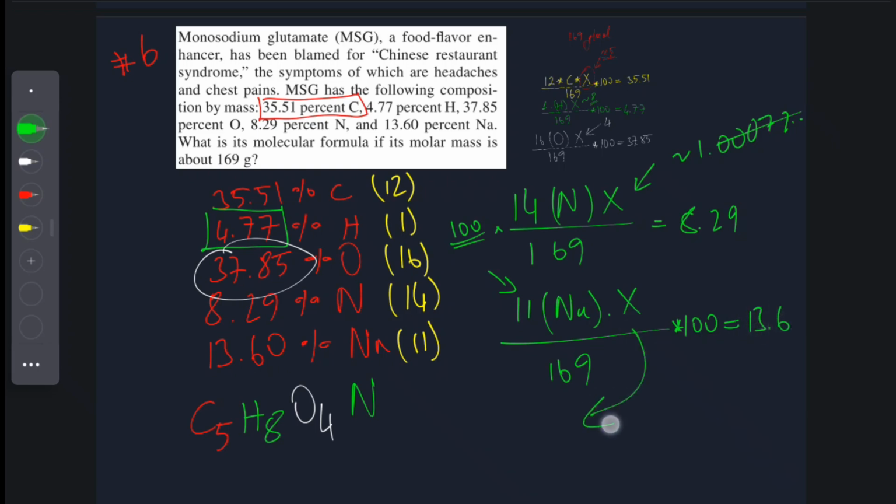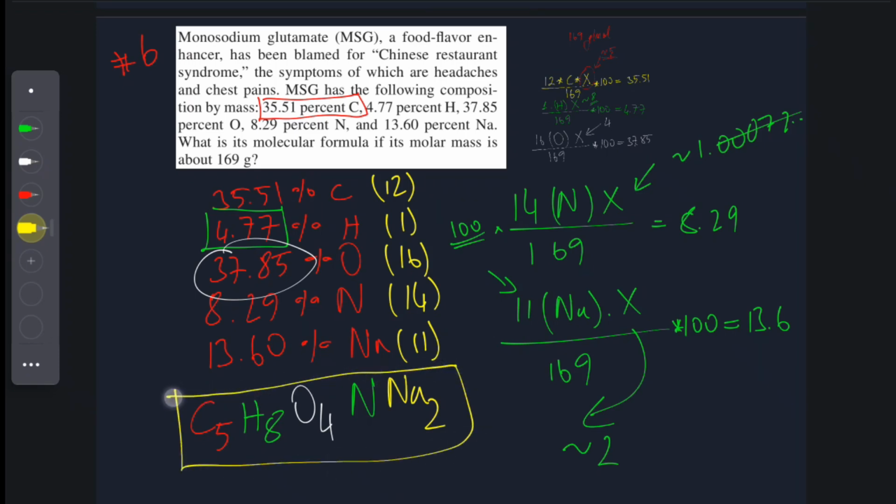So this number becomes very close to 2. And this is the expected result for our question. This is the molecular formula of MSG.